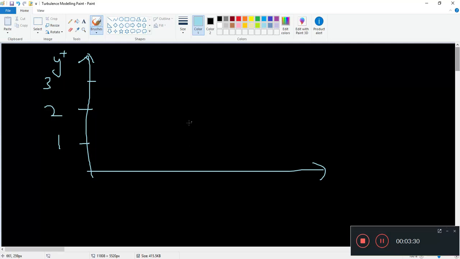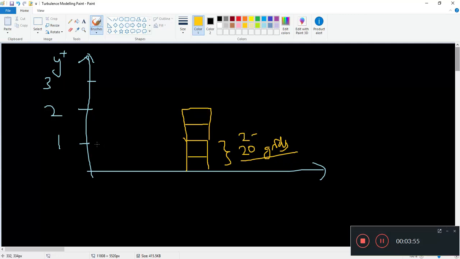You would have a grid spacing based on the wall normal. Normal to the wall, you have about 0.5 or 0.05, and you divide this into 20 pieces, 20 grids. That's really intense for wall modeling. So it's 2 to 20 grids per y plus. It can be that fine. That's how thin we are talking about for DNS.